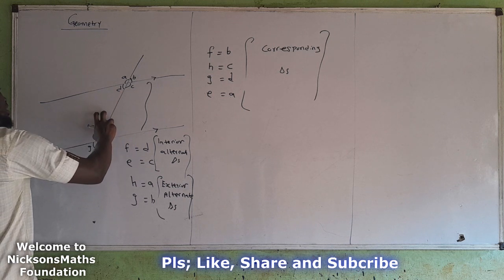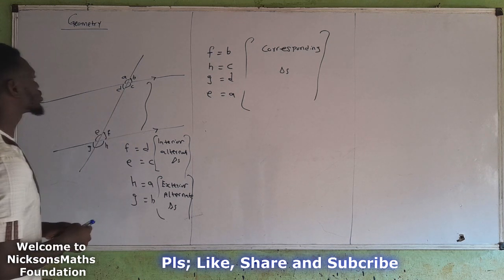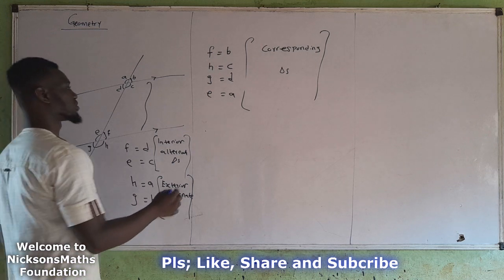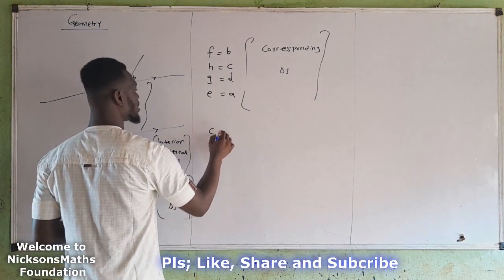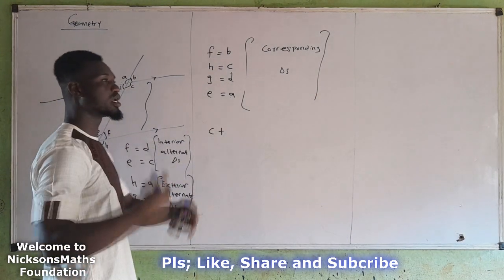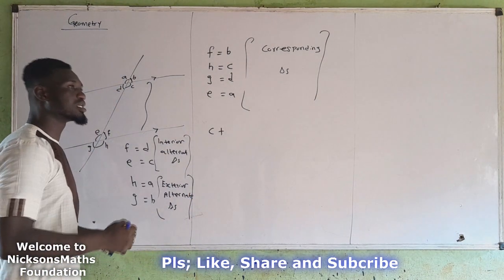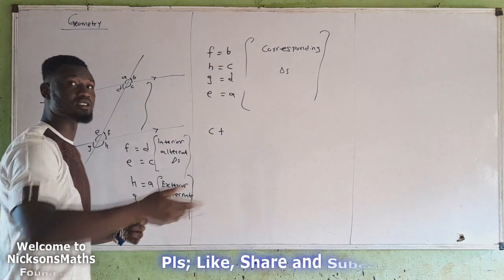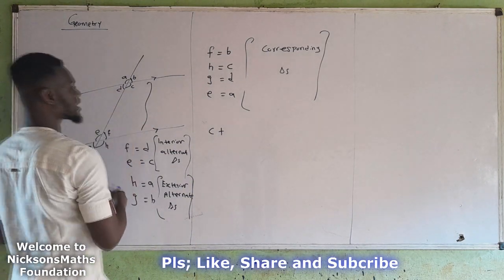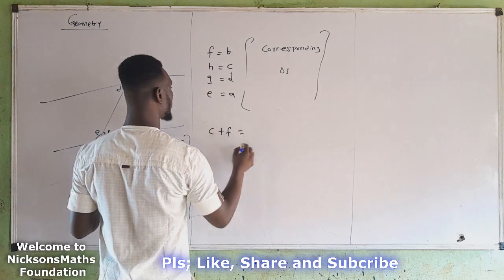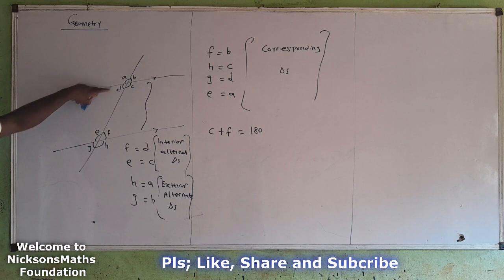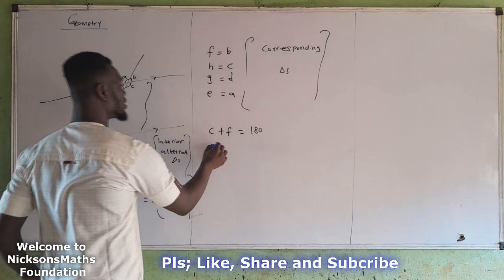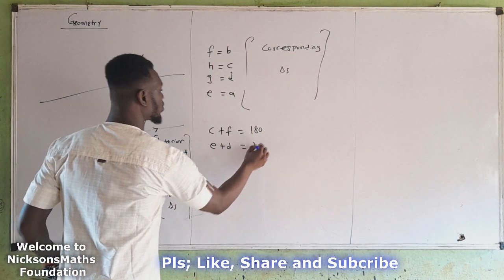Angle D and E are also interior angles, and the theorem bounding them is that the sum of interior angles is equal to 180. So interior angles are supplementary. When you hear that the sum of angles is supplementary, it means equal to 180. So angle C plus angle F equals 180 degrees. The same thing applies here, because this is also an interior angle: angle E plus angle D equals 180.